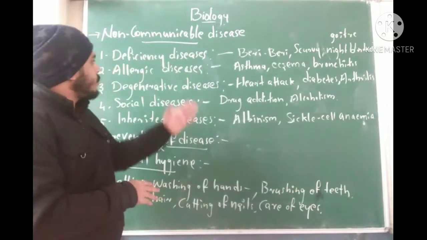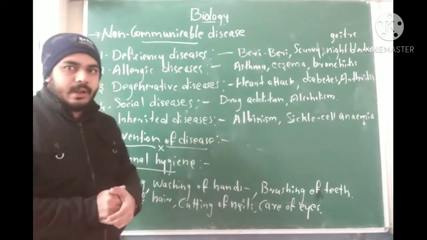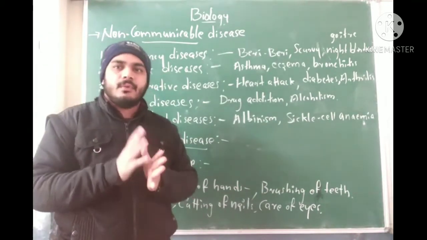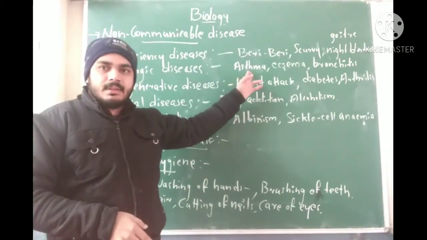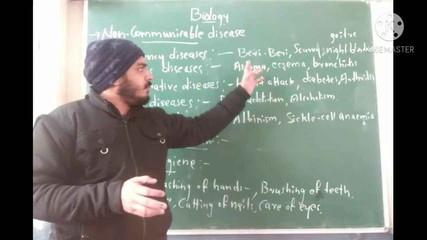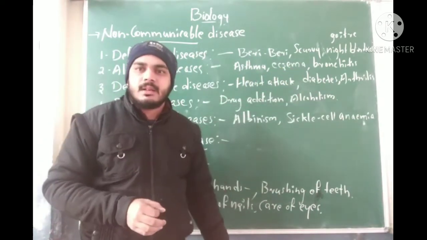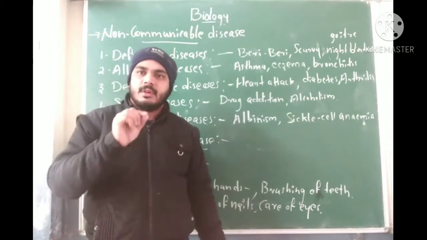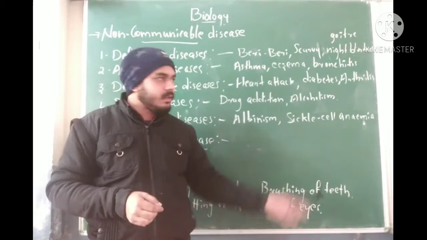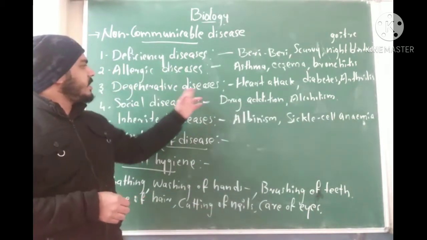Next one, allergic disease. Allergic disease is one type of non-communicable disease. Examples are asthma, eczema, and bronchitis. These are the allergic diseases. And next one, degenerative disease.